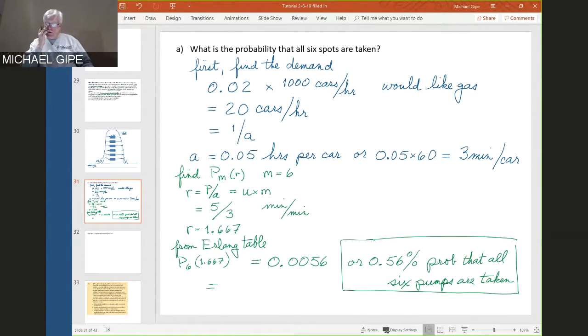Make sense? Now, it's a little bit more reasonable loss than we had in the previous problem.